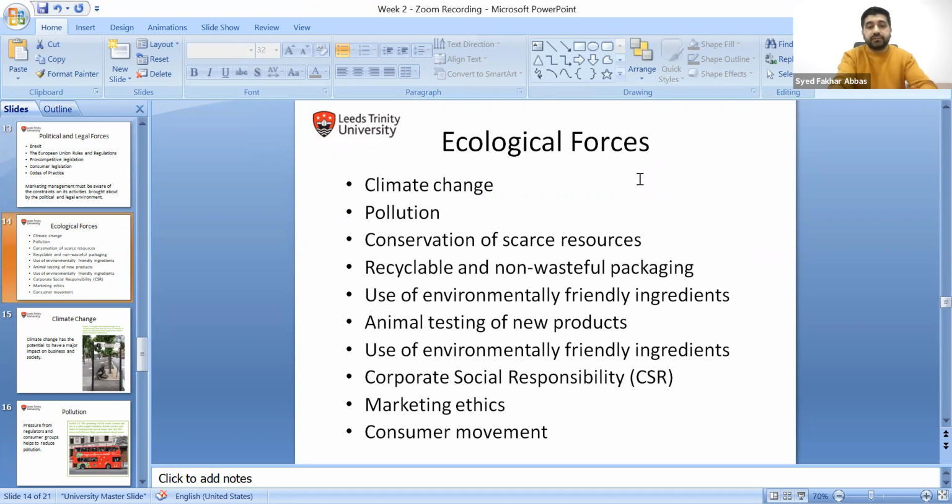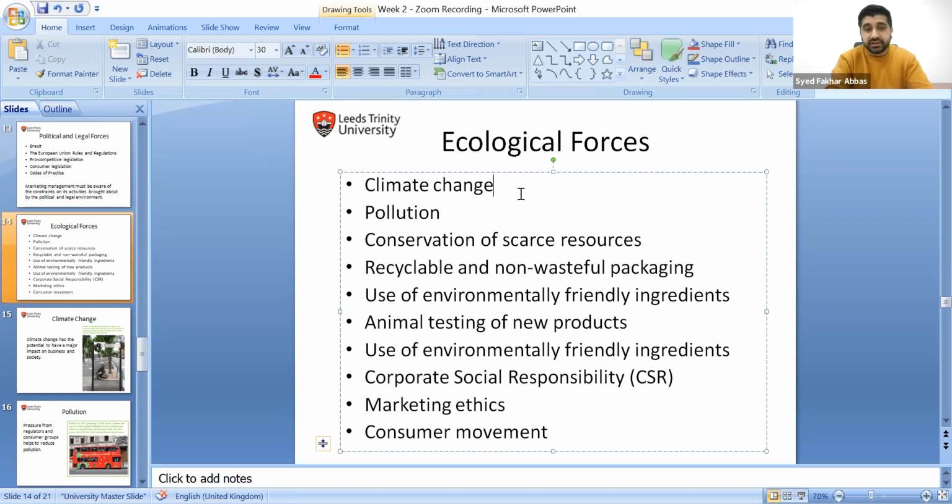Ecological factors. There are different factors included in ecological forces that impact businesses: climate change, pollution, conservation of scarce resources, recyclable and non-wasteful packaging, use of environmentally friendly ingredients, animal testing of new products, then corporate social responsibility, marketing ethics, and consumer movement.